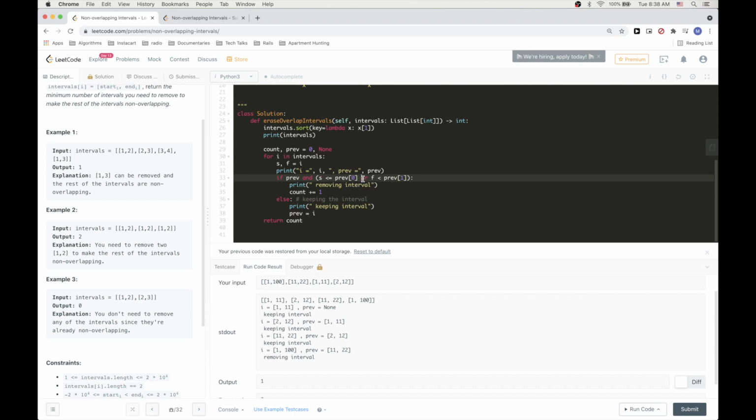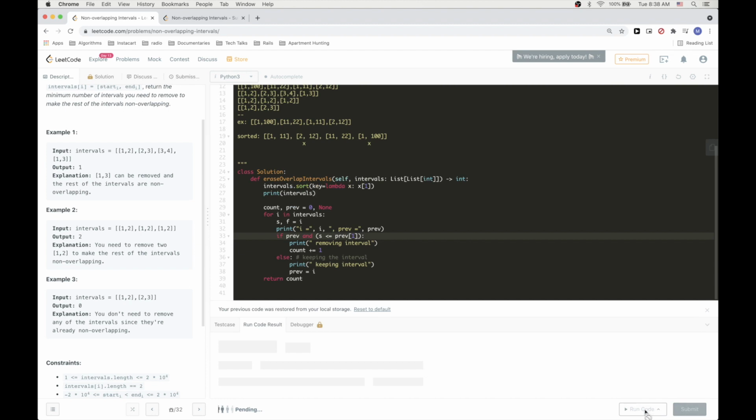So actually what we need is just to check that the start time of the interval is smaller or equal to the finish time of the previous interval, then that means we overlap.